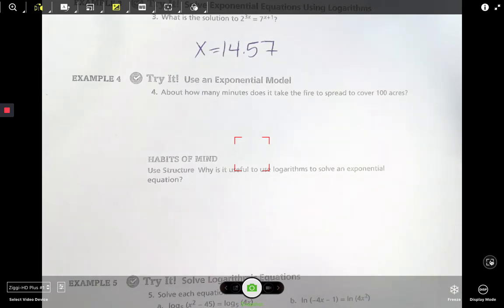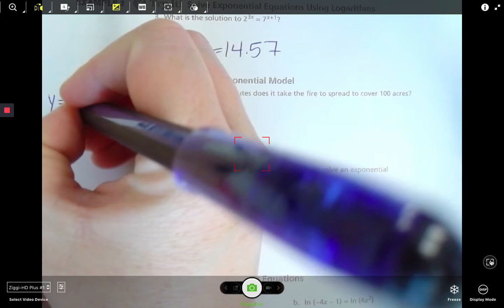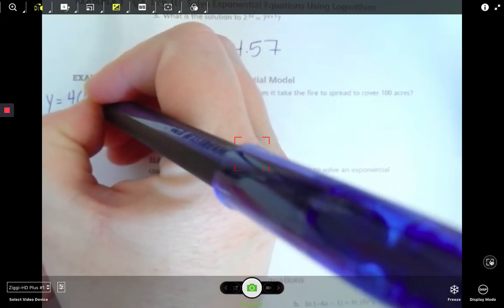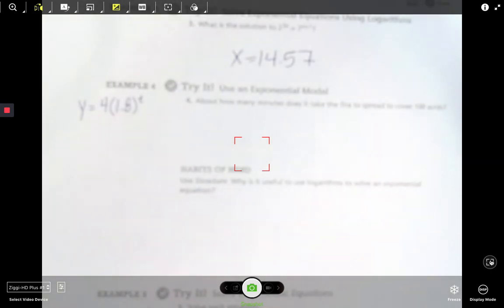So in your textbook, if we read across this problem, they came up with an exponential model that it took for a fire to cover a whole 160 acre forest.